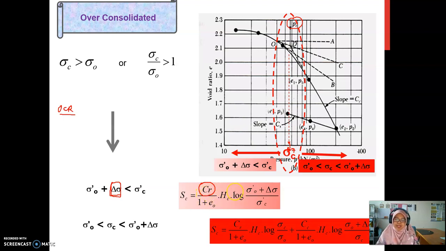However, if after adding the stress, the P sub C lies in the middle between the current effective stress and the final design stress, you need to choose the longer version of the settlement equation to obtain the settlement.